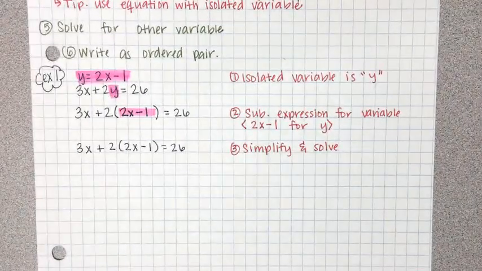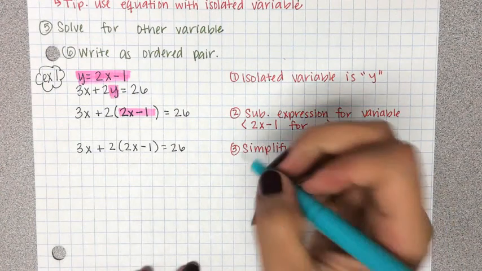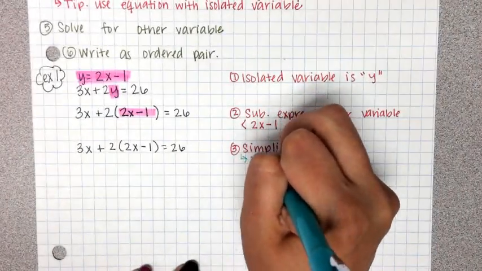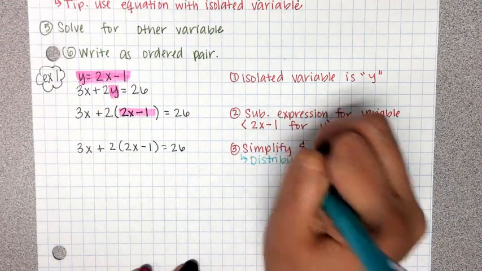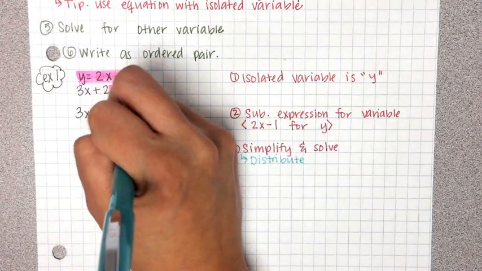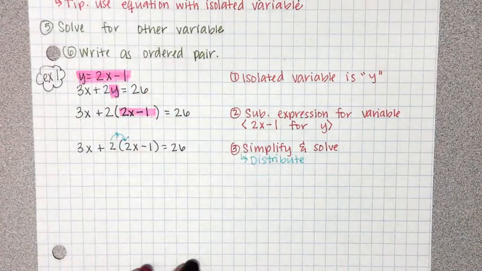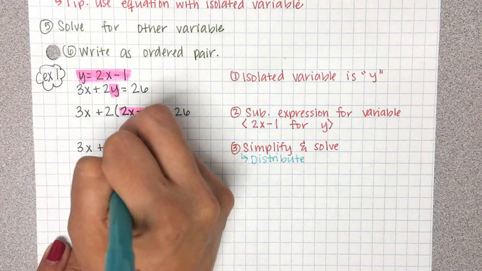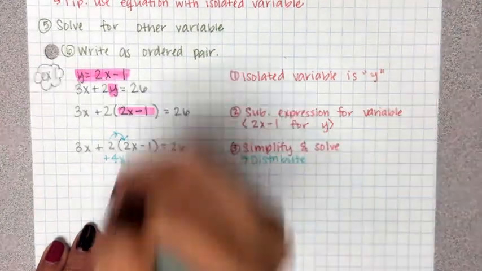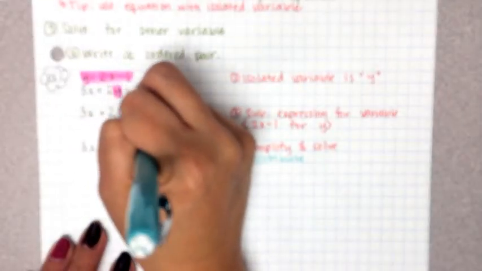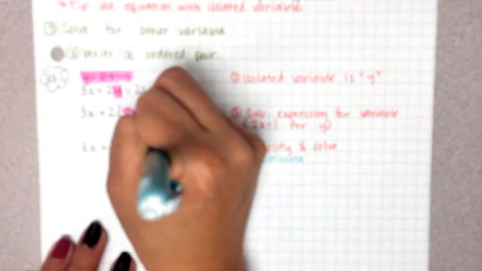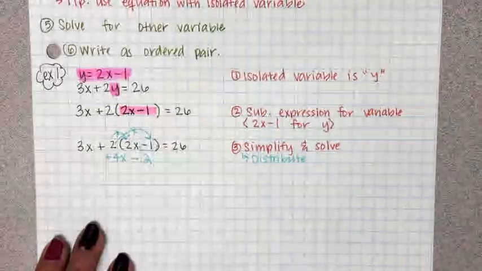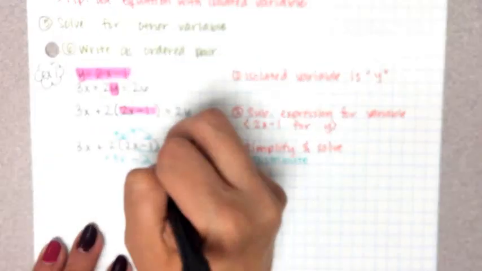So I'm going to start with distributing. So I take that positive 2 and I multiply it with the other positive 2x. So that's positive 4x. Then I take that positive 2 and I multiply it with negative 1. So that's negative 2. I'm going to bring everything else down.